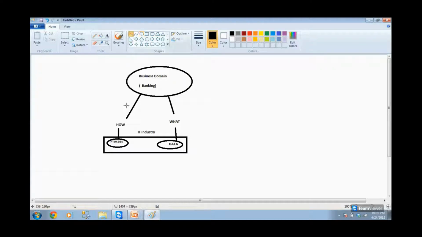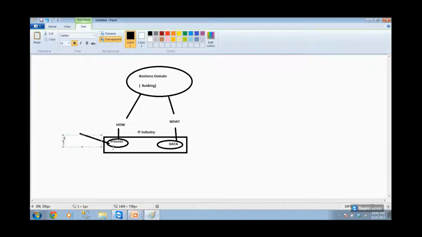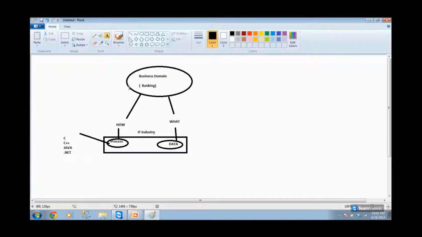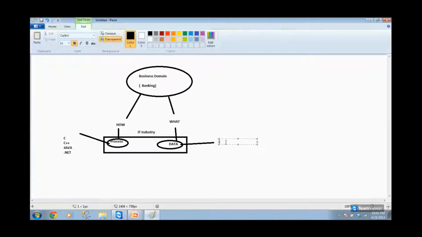When they're working towards the process side, they have to use languages like C, C++, Java, .NET. So to automate the process, we have to have a language. Or you may work towards the data side. Whenever you say data, the data is captured in an RDBMS or any other tool.